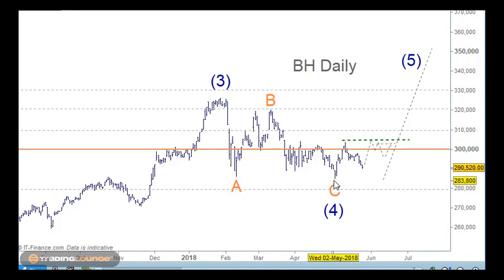So this doesn't count very well as a nice impulse wave to the upside, but if it is, and we've got an ABC correction pulling back to the 61.8% or thereabouts, then we would only go long on this once we've got confirmation to the upside, or if we find support on top of this major trading level 3. Otherwise this can also still be a bearish picture, but we'll just stay with it. We'll just keep an eye on this for a little while.